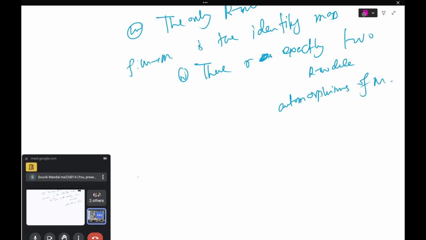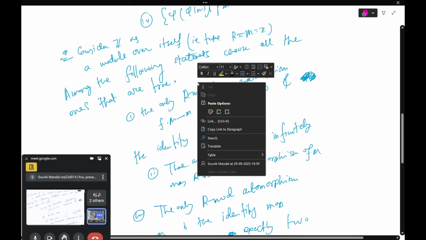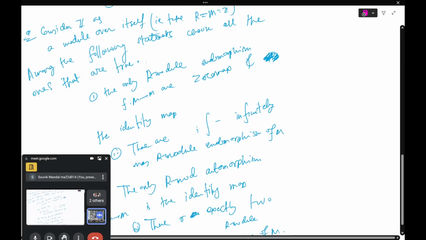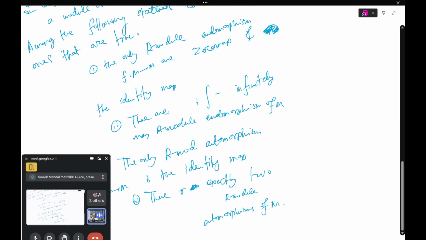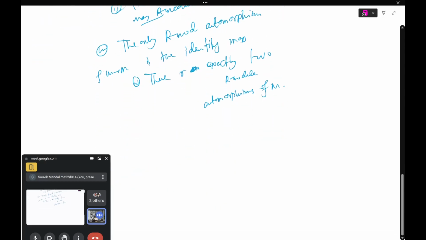Okay. So consider Z as a module over itself, that is, the Z-module. Then which of the following is correct? First statement: the only R-module endomorphisms are the zero map and the identity. Second statement: there are infinitely many R-module endomorphisms of M. Third option: the only R-module automorphisms are the zero map and the identity.